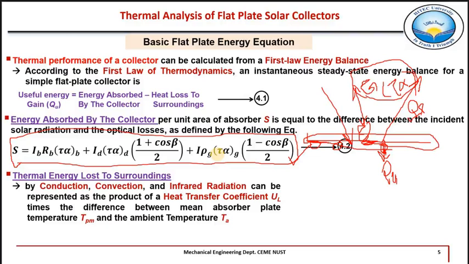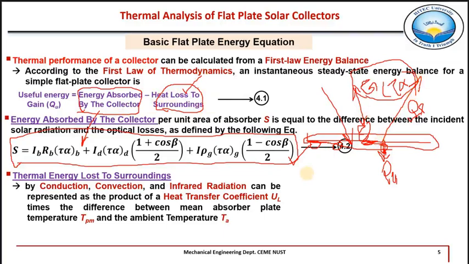Okay, so similarly the thermal energy which is lost, because now we need to find out this loss, right? We have already estimated or calculated the energy absorbed, which is this equation. Now we will focus on this part, which represents the heat loss back to the surroundings.